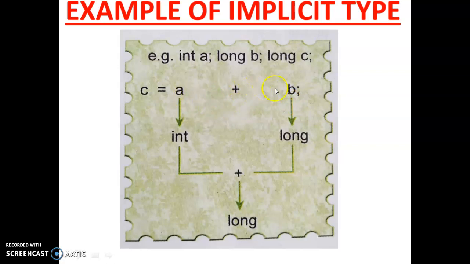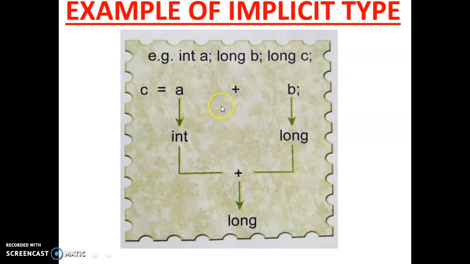But this is an example of mixed because one is integer and one is long. It is okay that one is integer and one is long, but when we get the result after addition, then it should be one single data type. How can it be both integer as well as long? It's not possible.